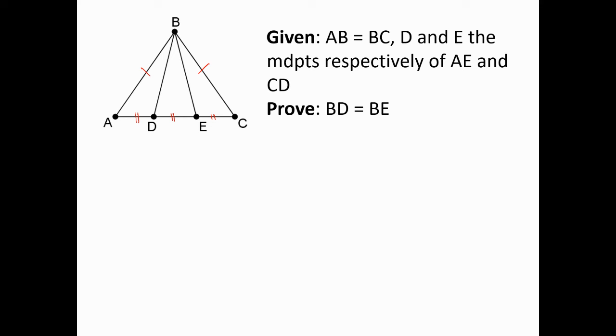Well, I'm close to that with what I noted in the diagram with the hash marks, because I knew that 2 sides of one of those is equal to 2 sides of the other. So if I could get another equation, hopefully a pair of included angles equal, then I could use side angle side congruence to prove the triangles congruent, and then conclude that BD is equal to BE by CPCTE.